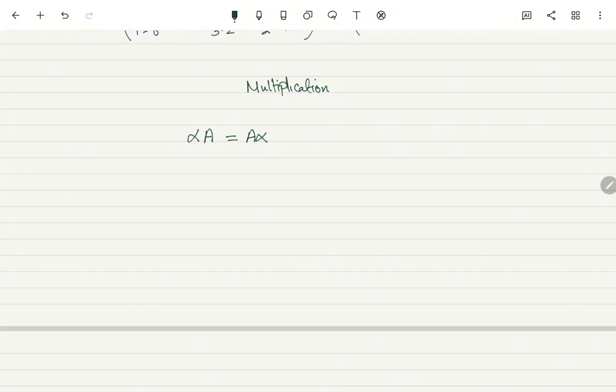Matrix product, which is AB, and direct product, AB. This one here is defined as the matrix product, and this one here is the direct product.